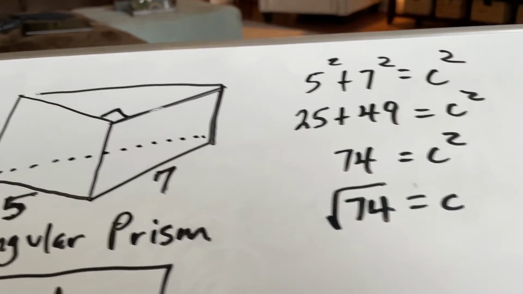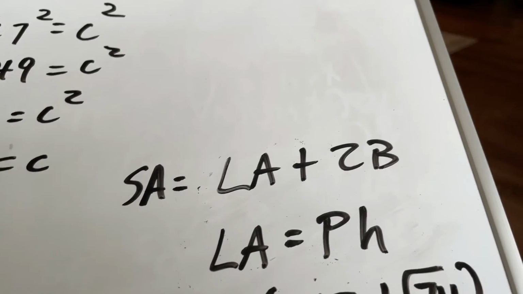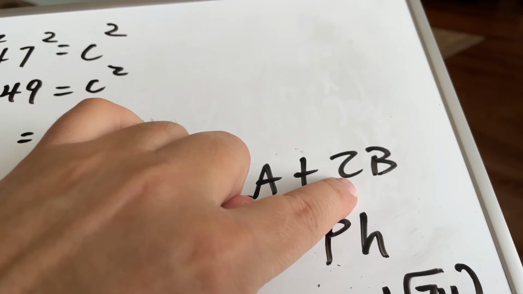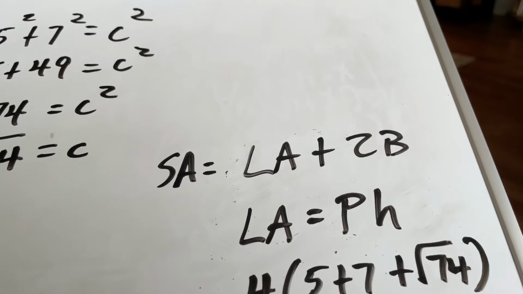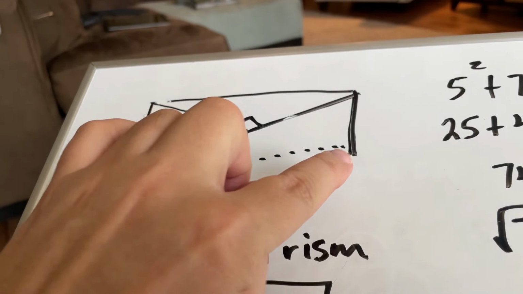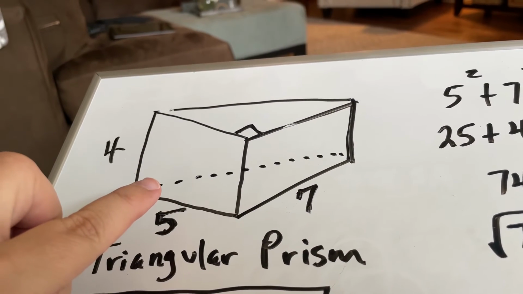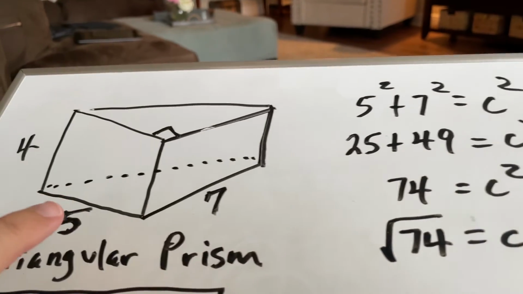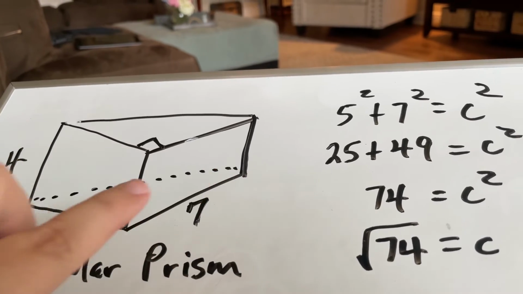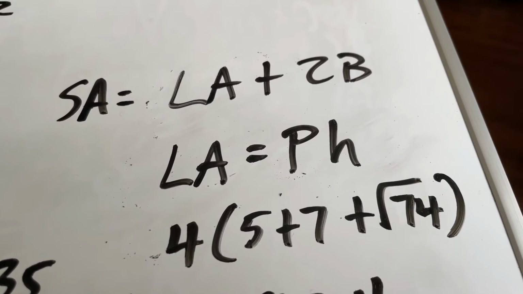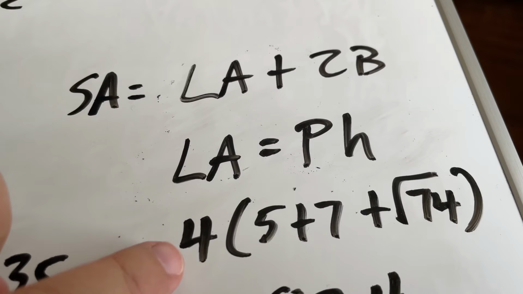Now, the new way that a lot of books are doing it is using this formula. They're saying the surface area equals the lateral area plus 2 base areas. The lateral area is the perimeter times the height. Going back to this problem, the perimeter is 5 plus 7 plus that measurement, which we already know from the Pythagorean theorem. That's the distance around the base.